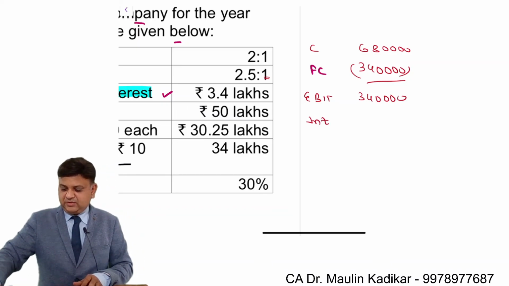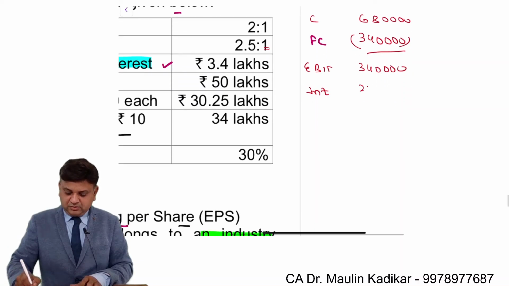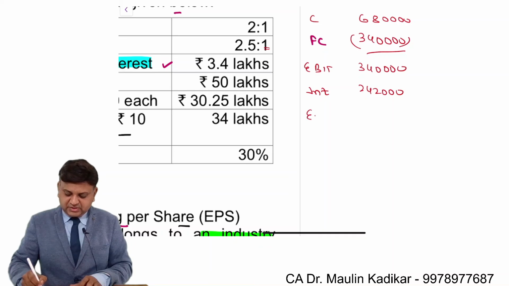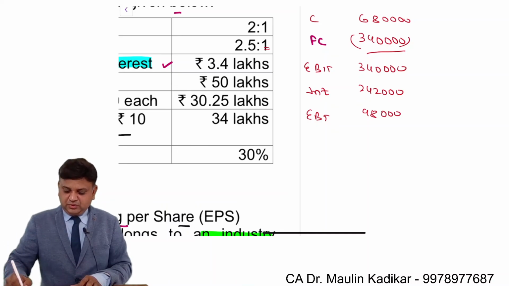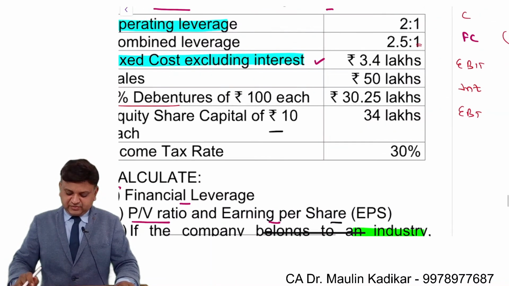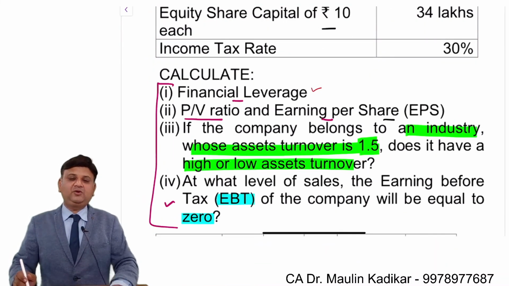Interest is 30,25,000 into 8%, 2,42,000. As far as earning before taxes is concerned, it is 98,000. So use the calculator, 340 upon 98, that comes to 3.4694. So friends, this answer will change if we take into account the given information.